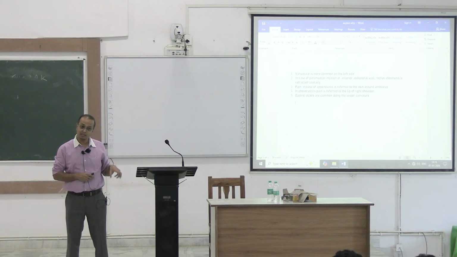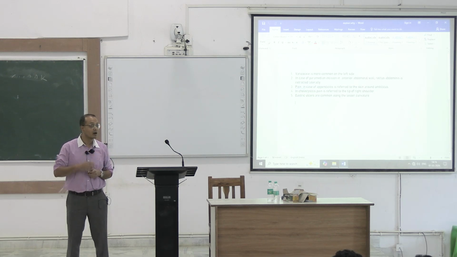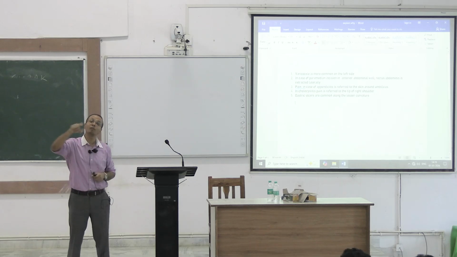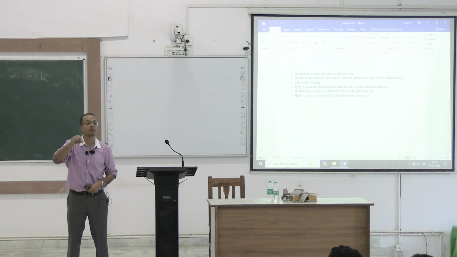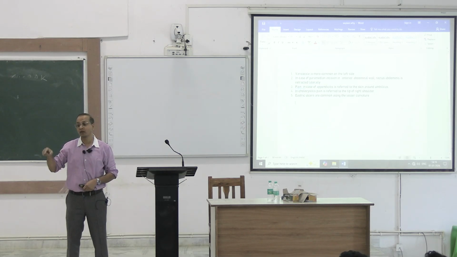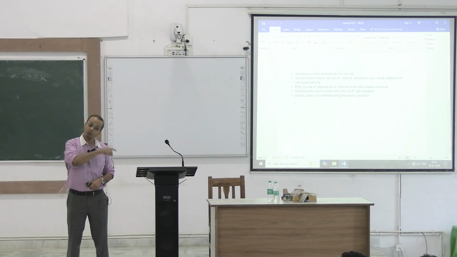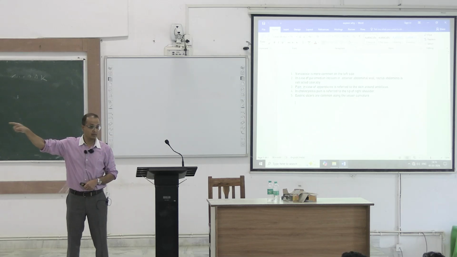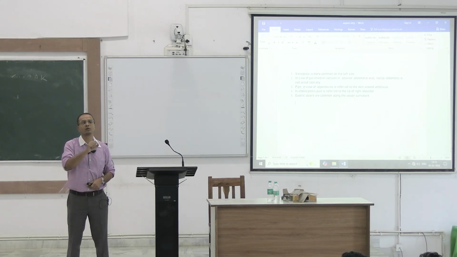A cholecystitis pain is referring to the tip of the right shoulder, so you have to see that a nerve is bringing the pain from elsewhere, not from that particular site. We call this phenomenon referred pain syndrome. It is paining somewhere actually, but is referring to somewhere else. So that correlation is what you have to find.